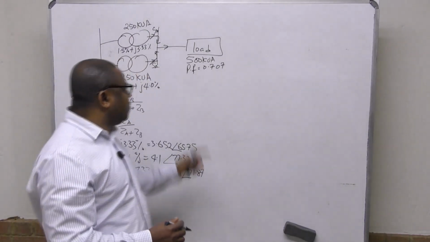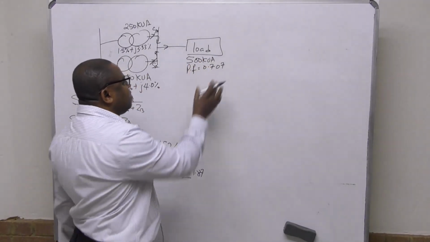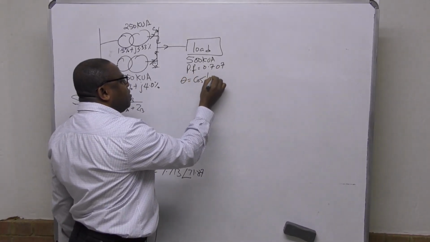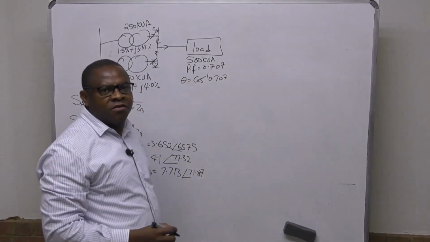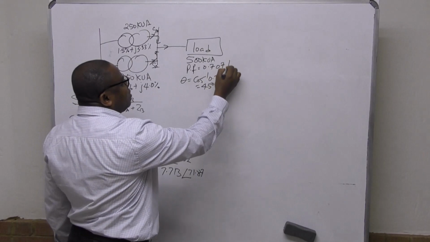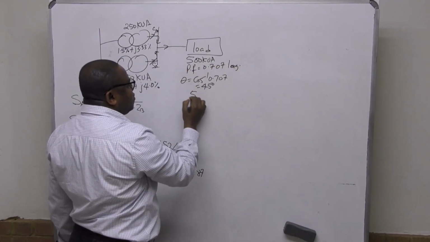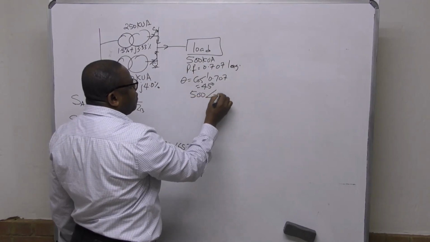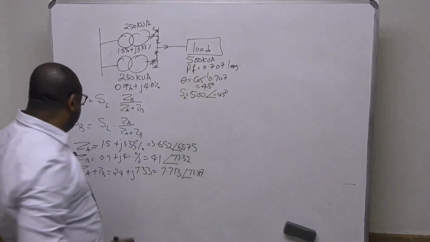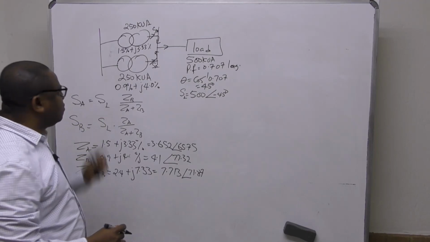But you must make sure that you get the angle from the power factor. Theta is arc cos of 0.707, which is 45. But this is lagging, so it means that this is 500 with an angle of minus 45 degrees as our S load. So we have all these parameters. Let's just substitute in equation 1 and equation 2.